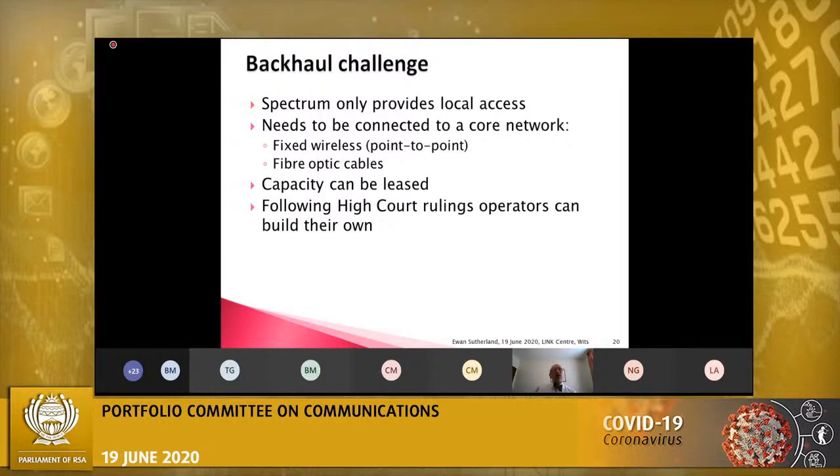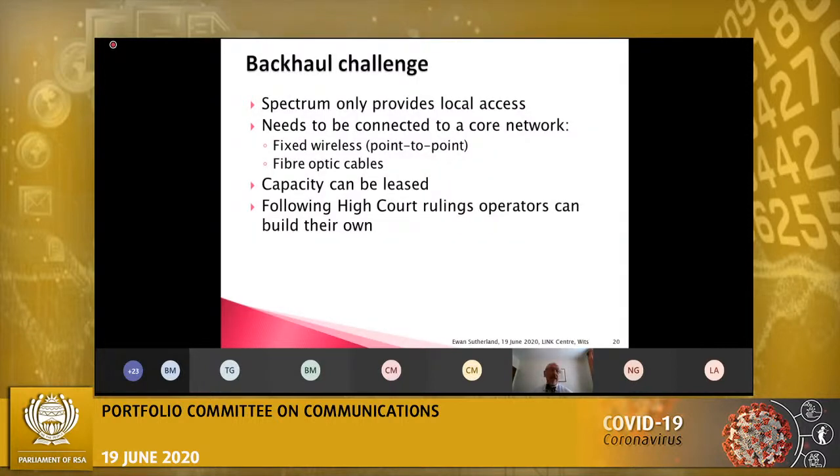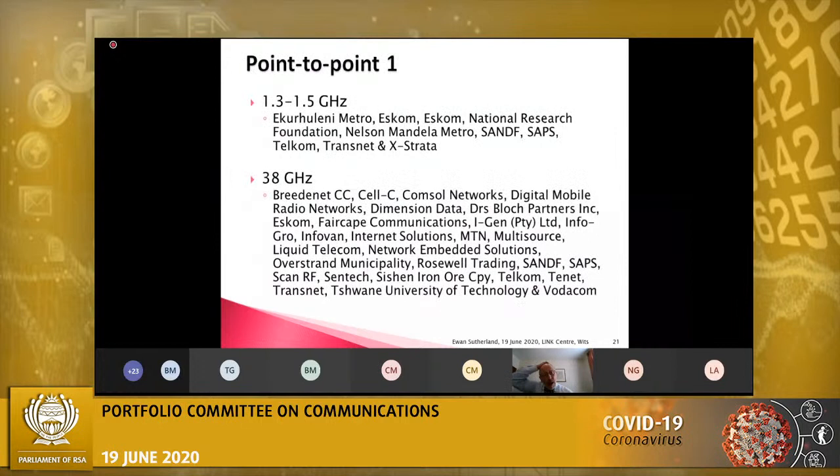And that raises questions about who would want to enter a market and how long it takes you to recover the money. The advantage is they can deploy it almost instantaneously. A bunch of people already have point-to-point microwave links. That's just some names of it. You will see in there that some of those are telecoms companies, some of those are anything but.